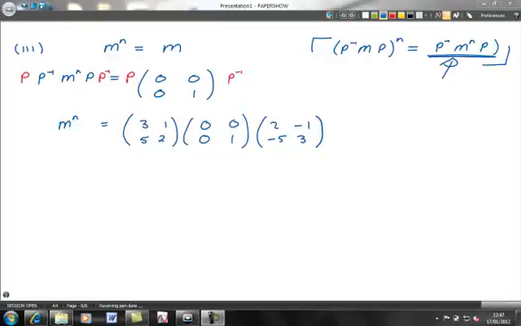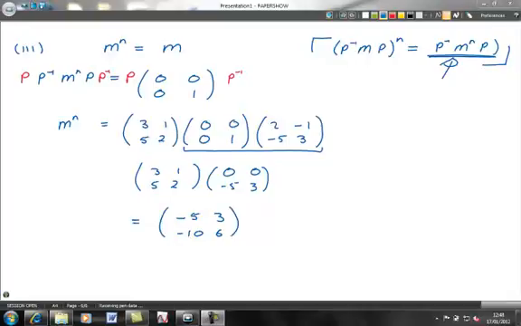Again, my advice to you would be to multiply these two out first. When you do that, you should get 0, 0, minus 5, 3. Of course, the other matrix, 3, 1, 5, 2 will drop down. When you multiply the two of those, minus 5, 3, minus 10, 6.